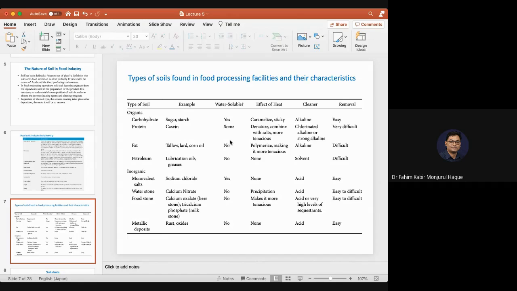So this is very important. Try to have very good knowledge about this one. Try to understand these things properly. If you don't understand the nature of soil, it will be impossible to choose what kind of cleaning agent we will use. Okay?